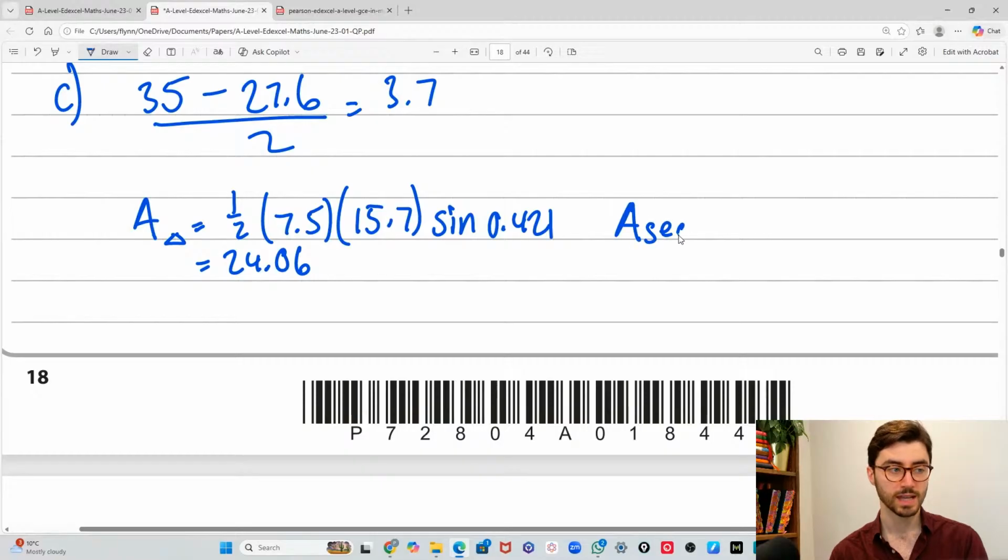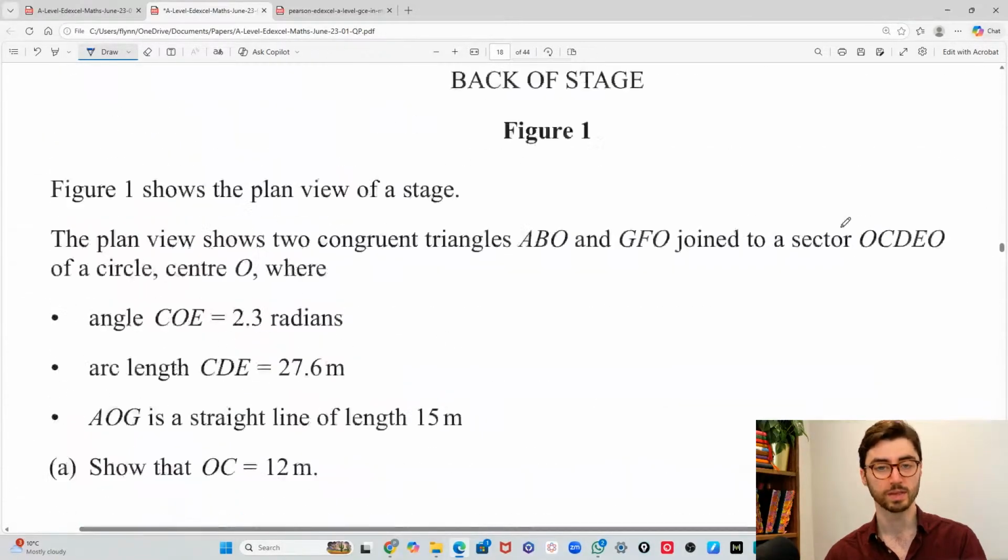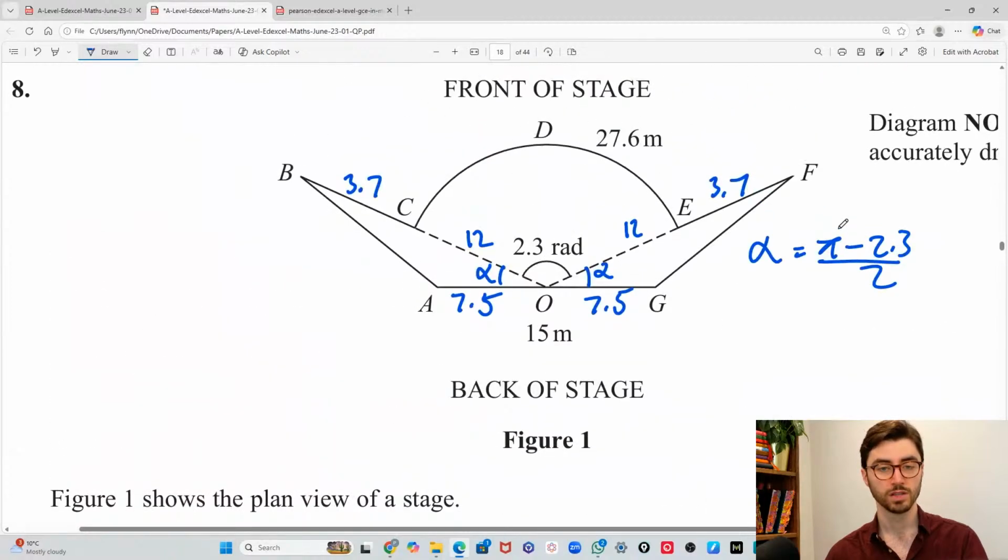Area of the sector is a half r squared theta. I think it was 2.7, 2.3.